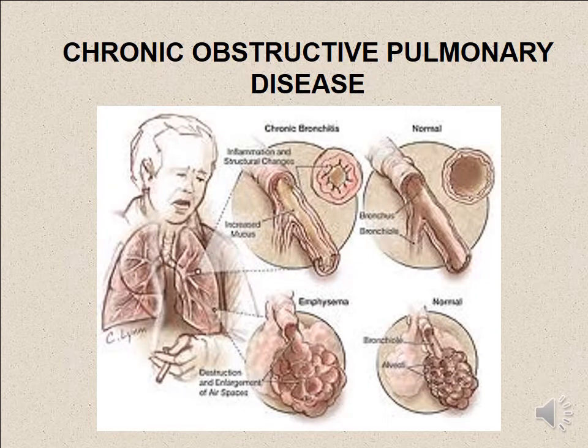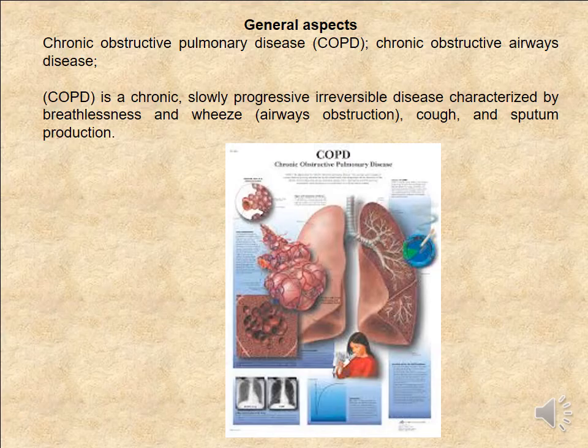The most important disease related to the respiratory system is chronic obstructive pulmonary disease, also called chronic obstructive airway disease. It is a chronic, slowly progressive, irreversible disease characterized by breathlessness, wheezing, airway obstruction, cough, and sputum production.